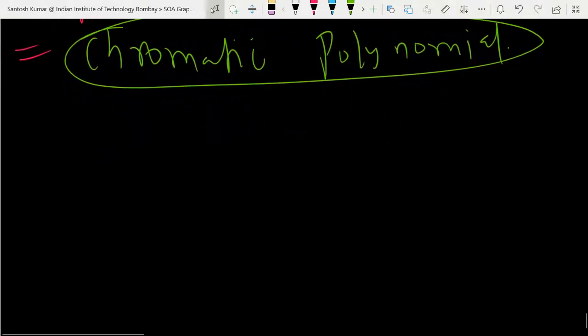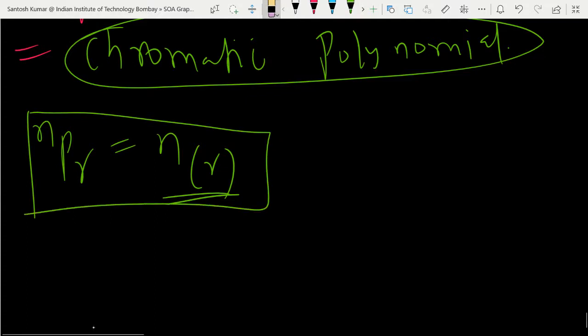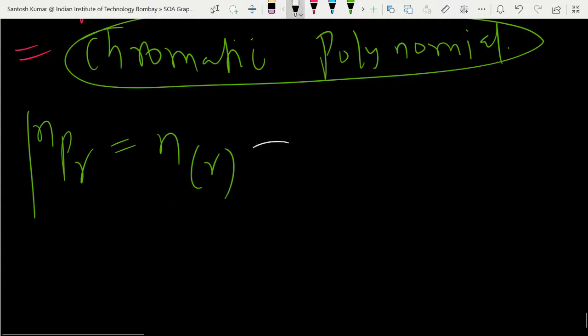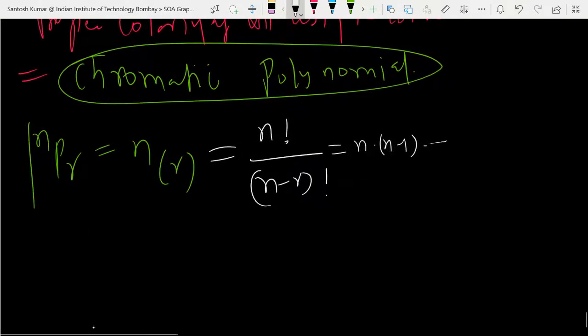One thing you notice, everyone knows nPr. I said I will use this notation, and this book also uses this notation, so both have the same meaning. This notation is n factorial over n minus r factorial, or you can write it as n times n minus one, and so on: first term, second term.